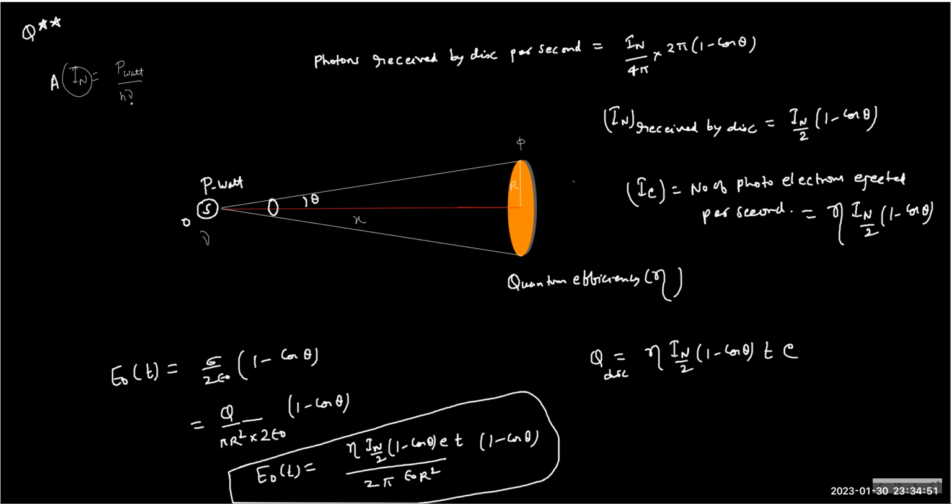So this is like I_n into A. I mean, you can consider the number of photons. That's a good question. Number of photons emitted per second. That's it. Let's call it I_n here. Okay, sir. Then in that context, it is clear.